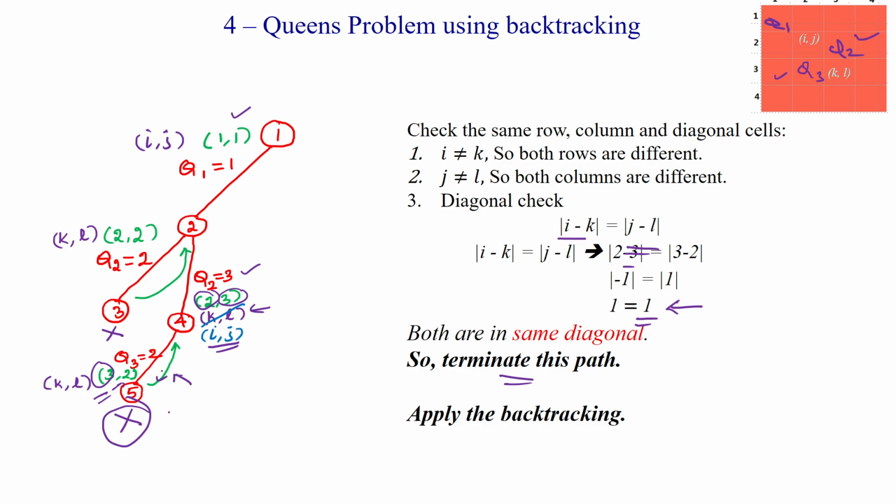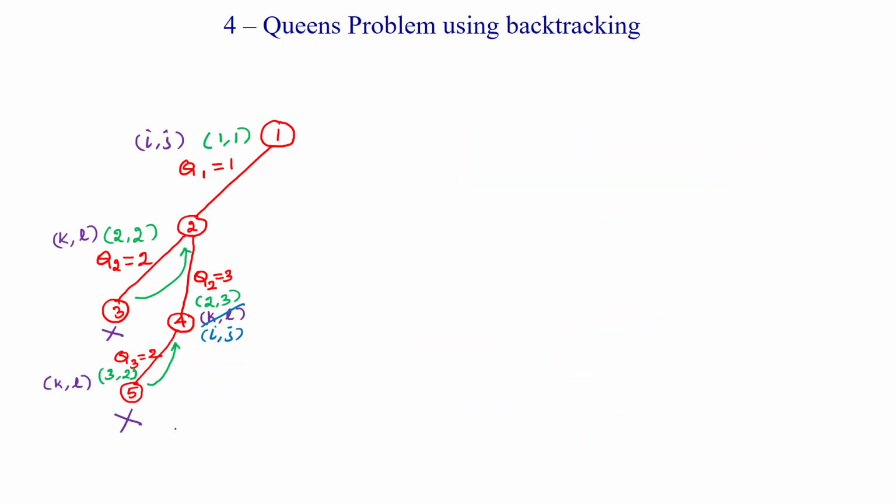Then explore node number 4, another possibility, where queen 2 at column 3 can have queen 3 placed in another column. Third column is already taken by queen 2, so we select the fourth column for queen number 3 from node number 4.